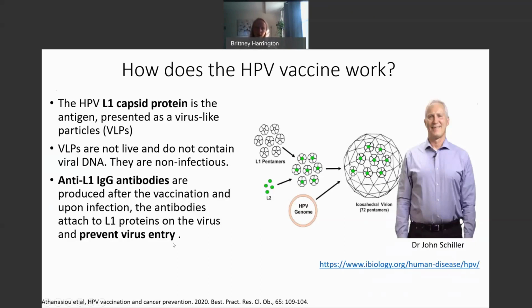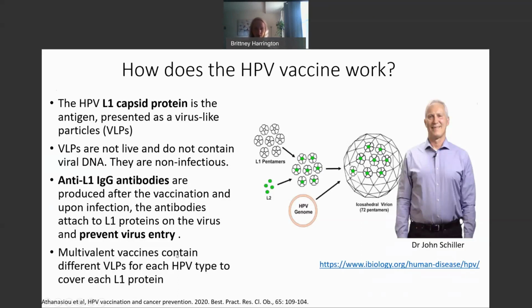So this means that vaccination protects against infection, not clearance, and not once the virus is established. It prevents virus entry.